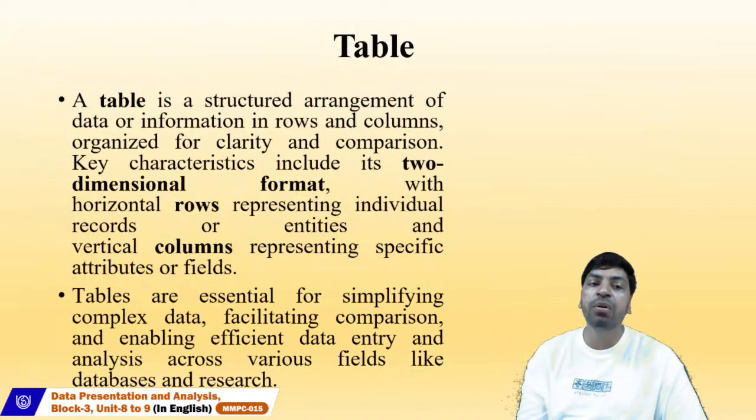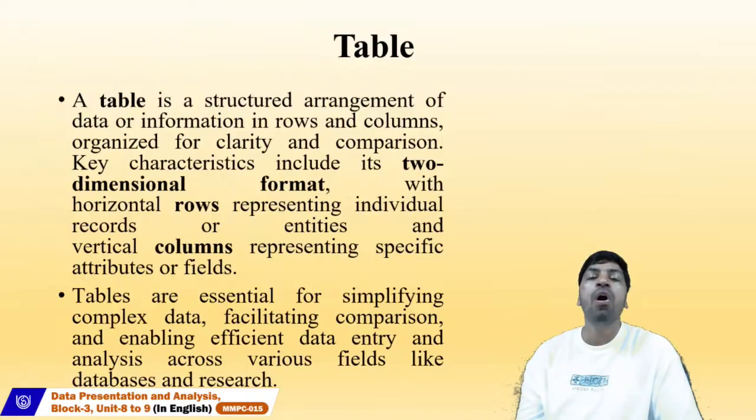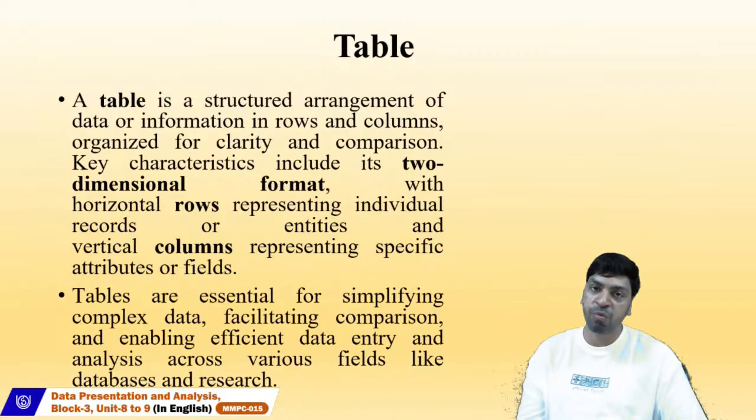The horizontal rows represent the individual records, and vertical columns represent the specific fields and attributes. Tables are essential to simplify complex data. They facilitate comparison, enable efficient data entry, and are used for data analysis, keeping databases and research in one place.